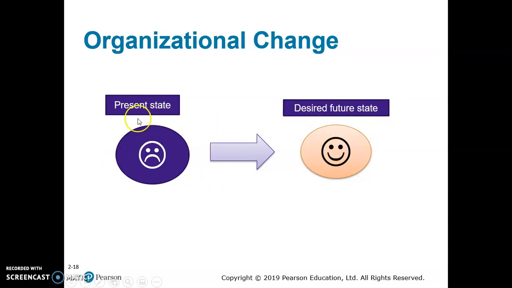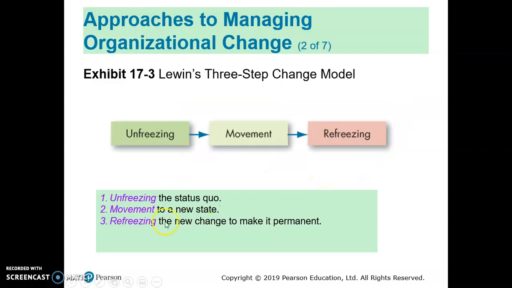Normally, it's very difficult to move from here to here, but if you move, that means you are able to unfreeze your status quo, moving toward a new state. So here is movement, the second stage. Next, you have to make this change permanent.